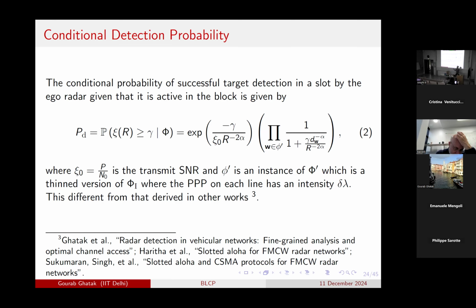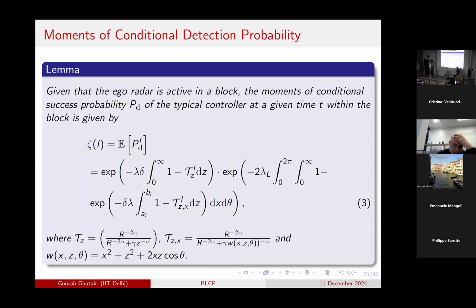So it's a thinned version of the point process. So P times lambda is active in that block, and 1 minus P times lambda is inactive in that block. If it was per slot, then the point process would be all the points, but with probability P each interferes and 1 minus P each does not interfere. This is a slight minor difference in these two frameworks.